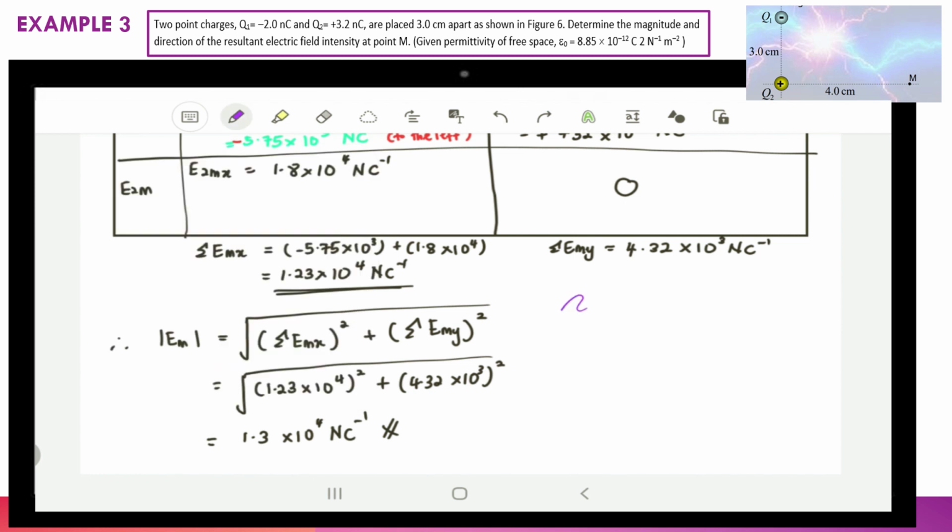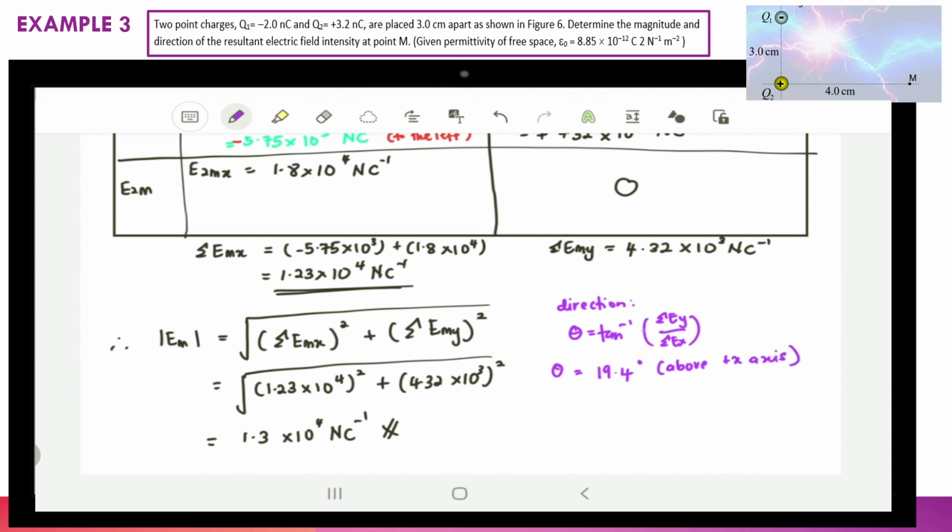And how about the direction? The direction is equal to inverse tangent EY over EX, and substitute the value, then you will get theta equal to 19.4 degree, above positive x-axis.